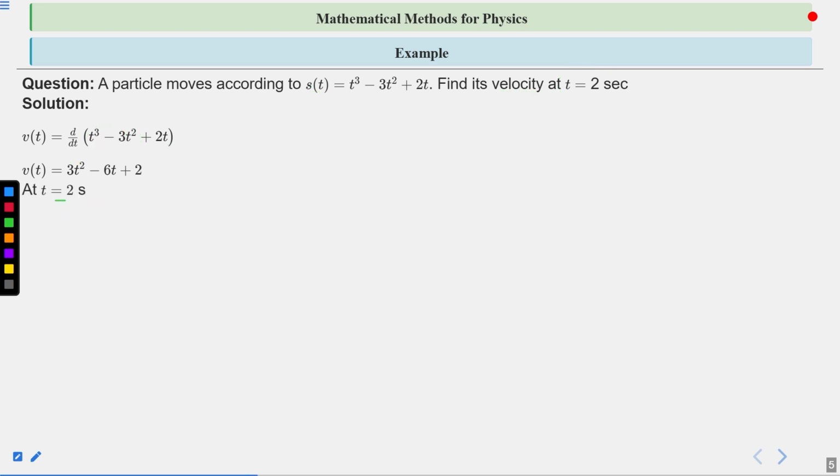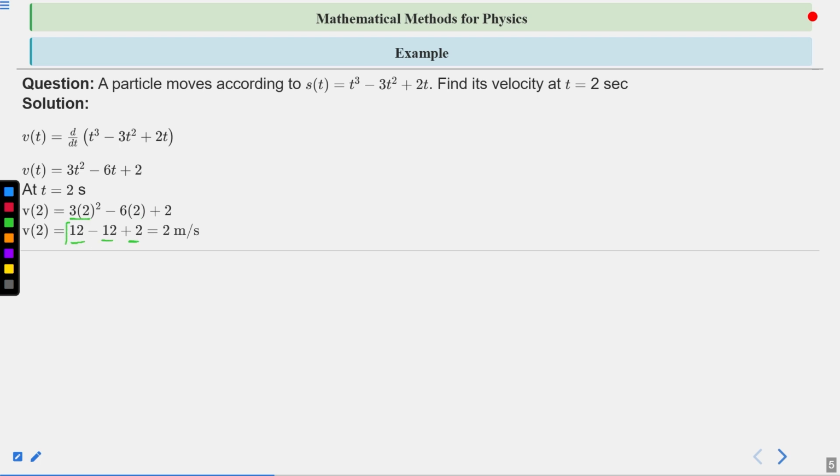So, at t equal to 2 seconds, v of 2 is equal to 3 into 2 square minus 6 into 2 plus 2. So, solving this, it becomes 3 into 4 minus 6 into 2, 12 plus 2. So, velocity is 12 minus 12 plus 2.